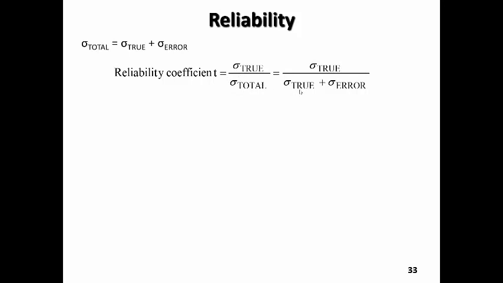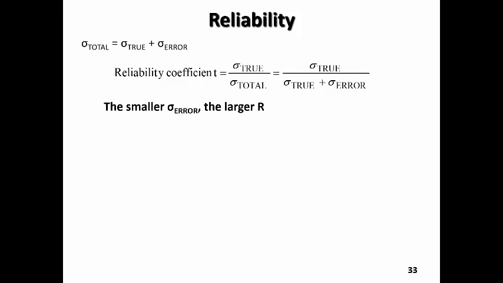And recall that the total score is a combination of the true score and the error of that variability, of that standard deviation among a set of scores. So if the scores do not vary, if the error term drops to 0, then we end up with a ratio of the true to the true, and we have a perfectly reliable set of measurements.